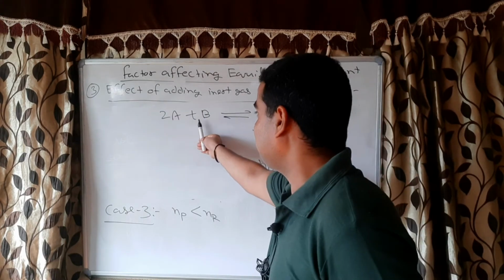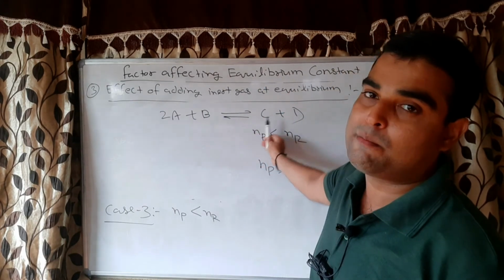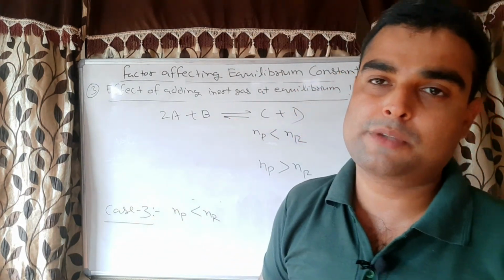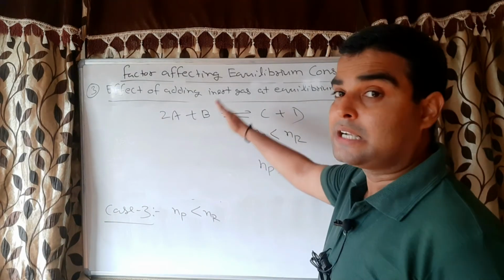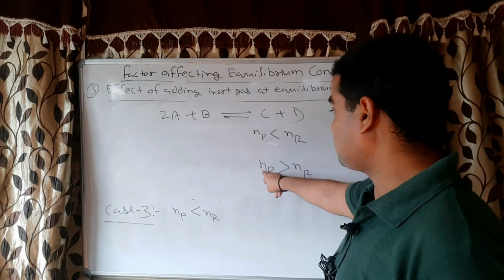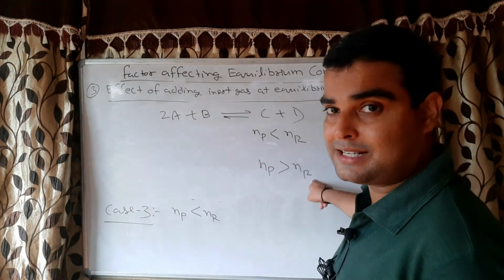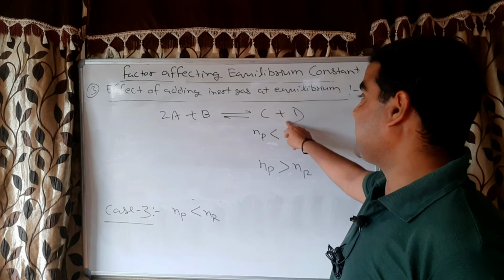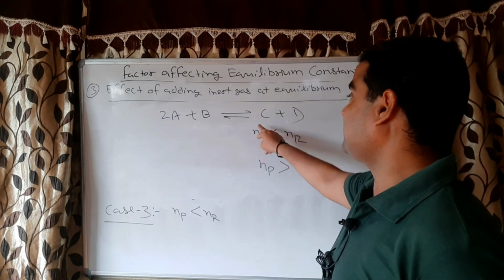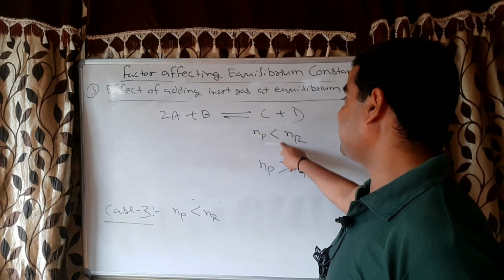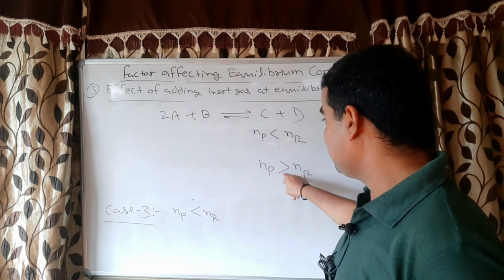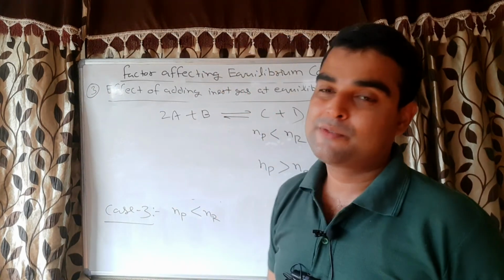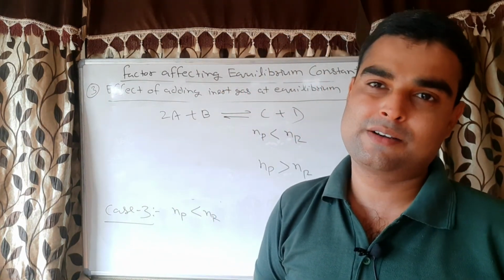Because when it will carry the reaction in forward direction, more number of moles of the product will form, means it will try to make number of moles of the products greater than reactant. But actually this reaction is carrying out when number of moles of the product is lesser than number of moles of the reactant. It means this is opposing this one, correct? So the reaction will go less towards forward direction.